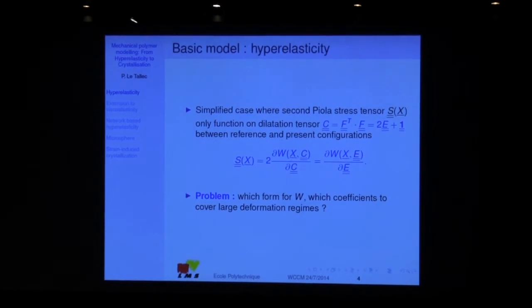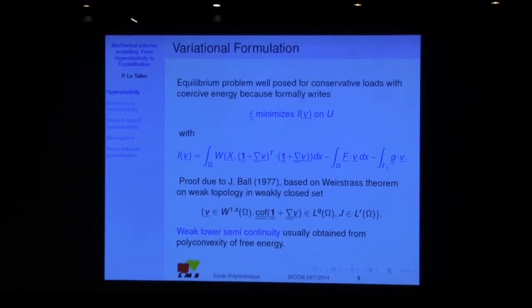So you have a very simple mathematical expression of the constitutive law, although, of course, and we will see that later, it's always a challenge to find the right form of the specific free energy and the right coefficients that you should use in order to cover the largest deformation regime that you must face. But from a mathematical point of view, the situation is rather nice.